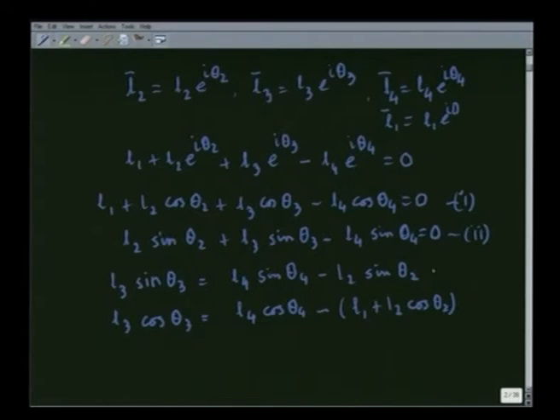From these two equations, if we square and add up, obviously from the left hand side I get only L3 squared.